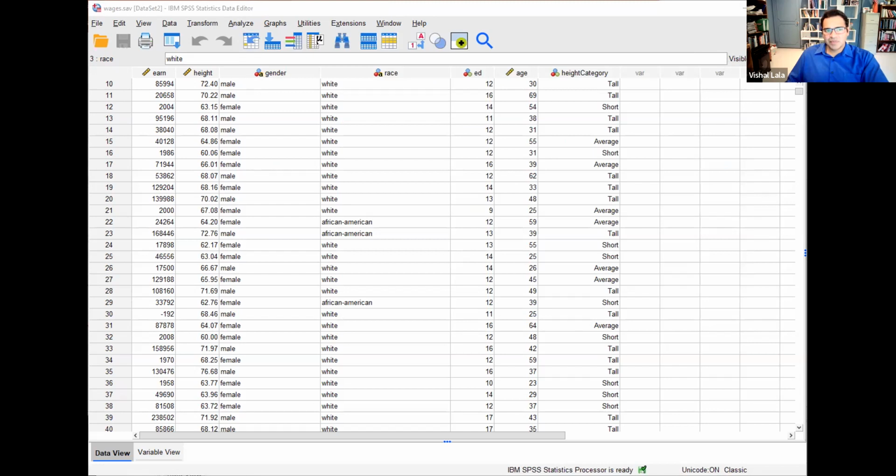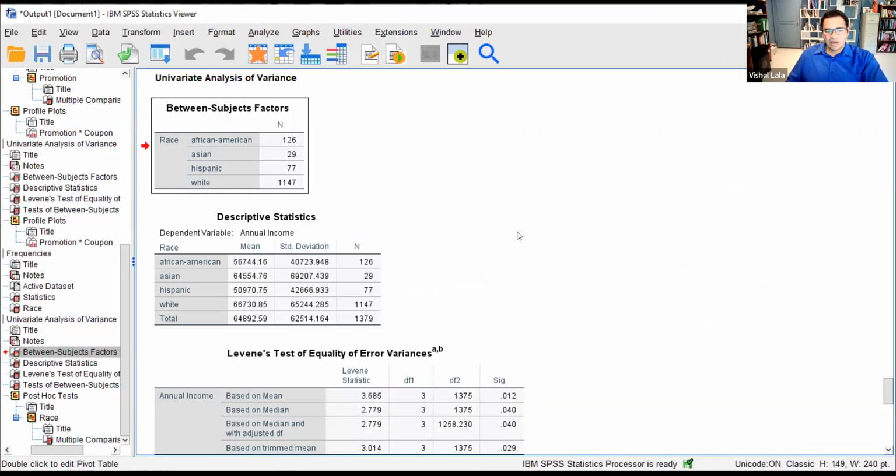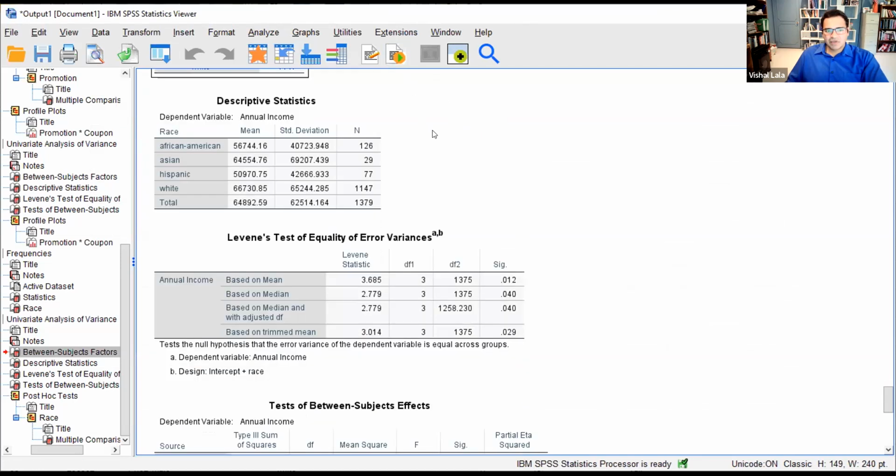Having done all that, let's interpret the output. From looking at the averages, we can tell that it does seem like there are differences across different races. We see African Americans making less than Asians, Hispanics making less than everybody, and whites making the most amount of money.